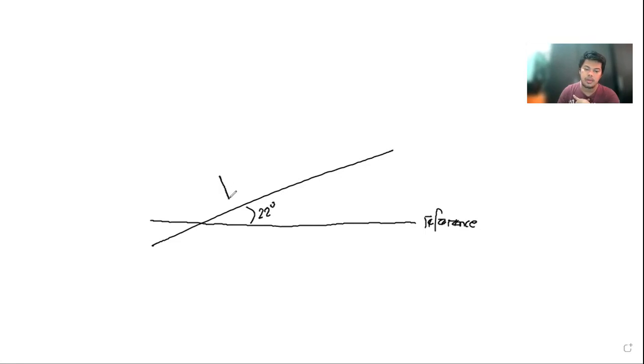So we have there the block. So this would be the block. Of course, this is the inclined plane. It is resting, so the plane is inclined 22 degrees with the horizontal.